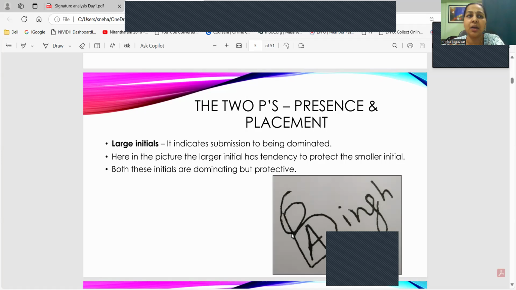So if there are around 80 to 90 points that you can gather from the signature, you should be able to convey a maximum of 20 points to them.